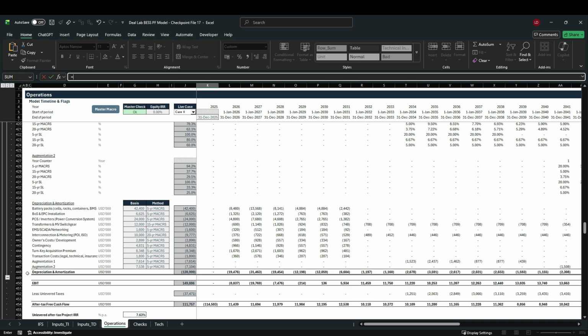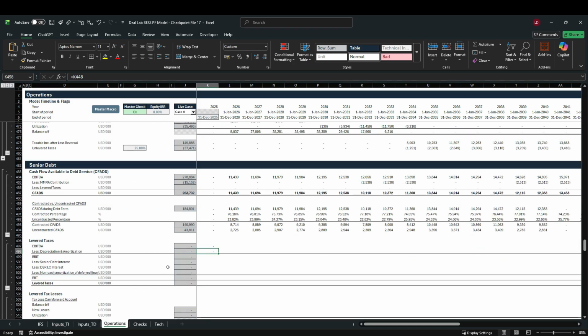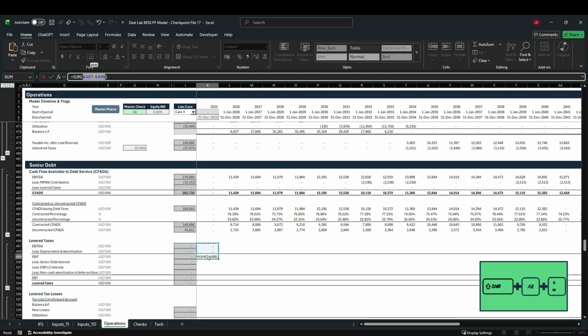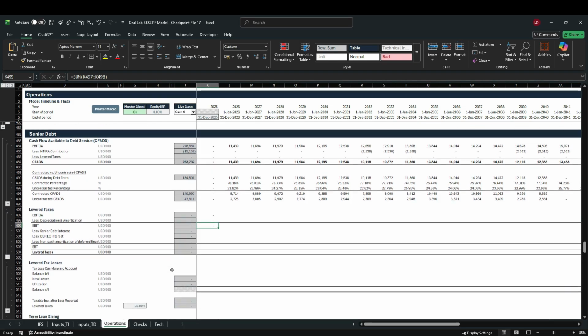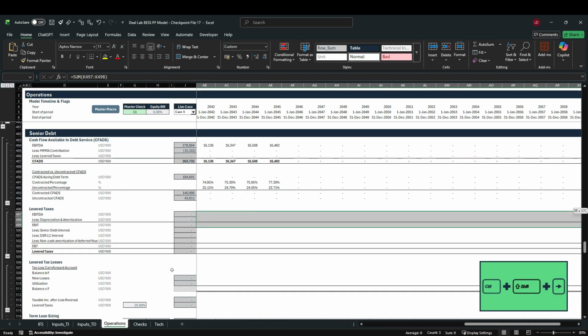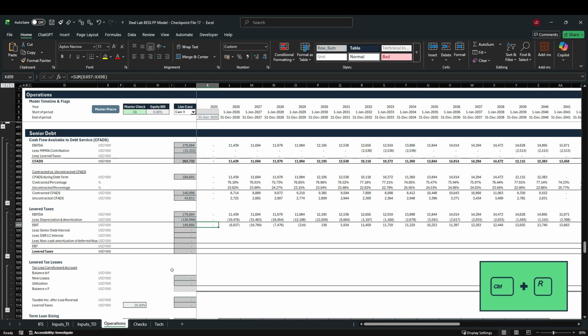And that is in row 448, already negative, so no need to flip the sign. Hit enter. And our earnings before interest and tax is simply the sum of those two. Hit enter and let's drag those over. Control R. That gives us an earnings before interest and tax of 149.8 million in case 8.